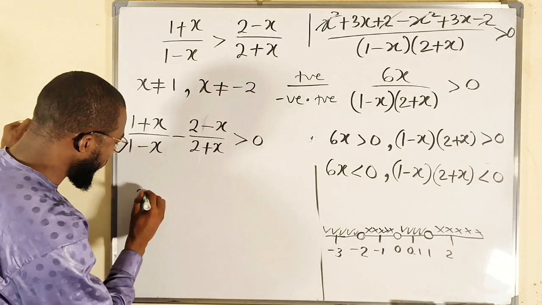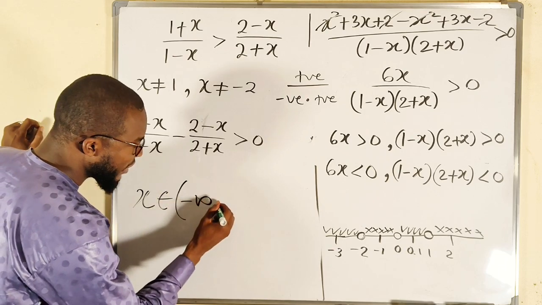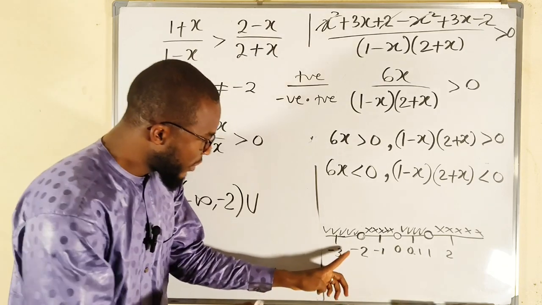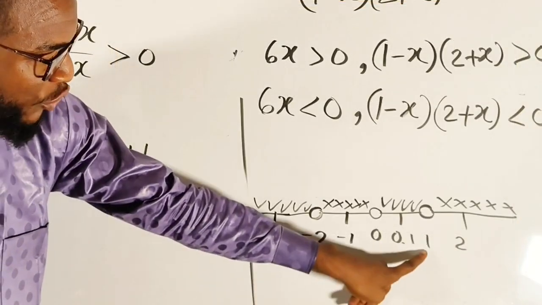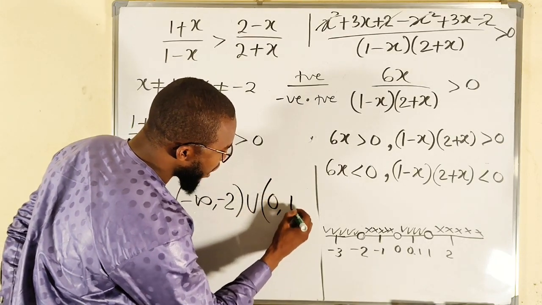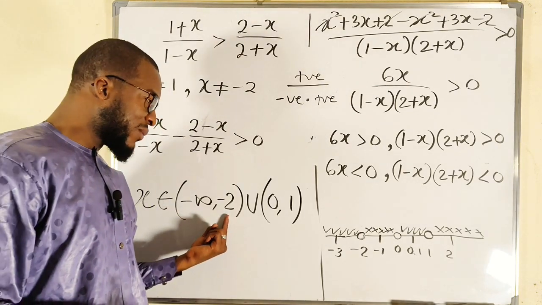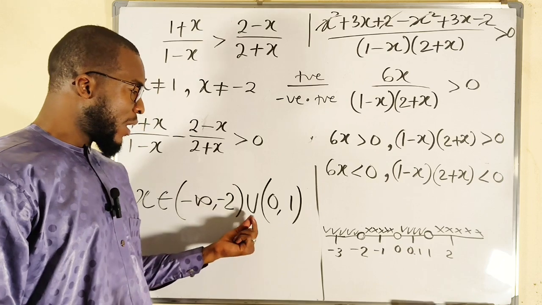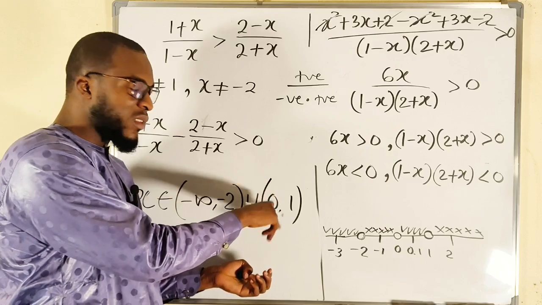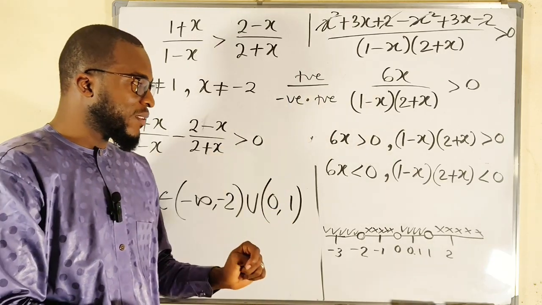So x belongs to the set of values from negative infinity down to negative 2, excluding negative 2, union from 0 down to 1, excluding 0 and 1. So we have values in between 0 and 1. All of them, we have infinitely many of them that can satisfy this inequality.